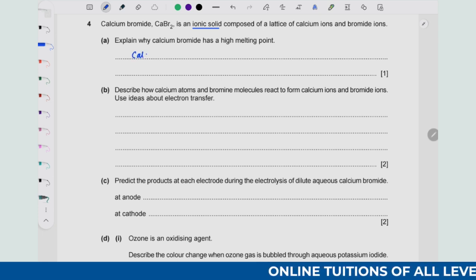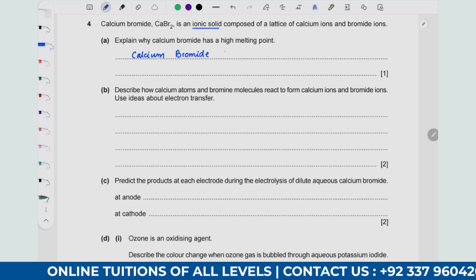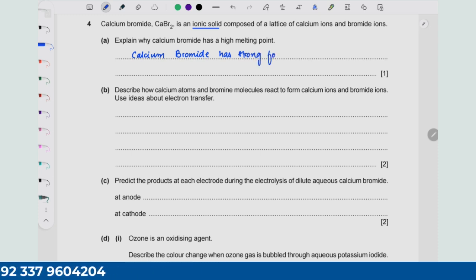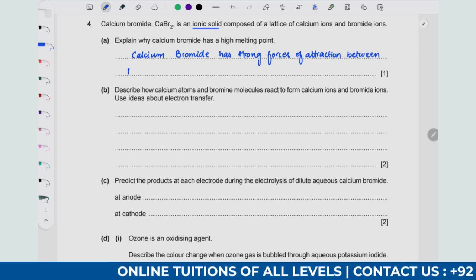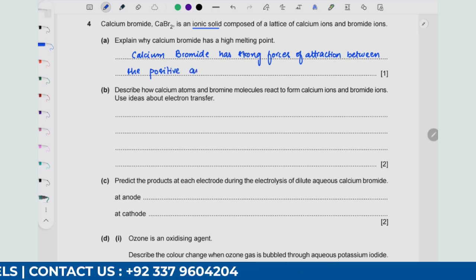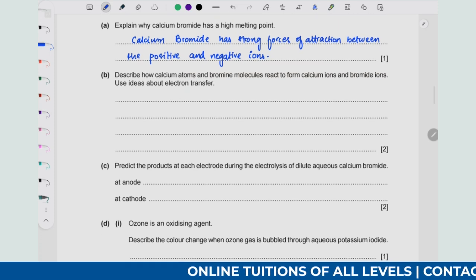So calcium bromide has strong forces of attraction between the positive and negative ions. So it is difficult to overcome these strong forces of attraction. That is why it has a high melting point.